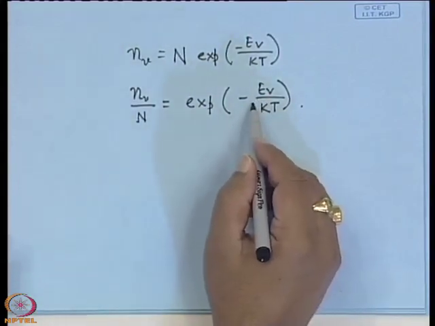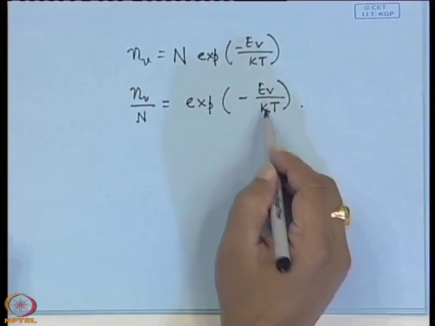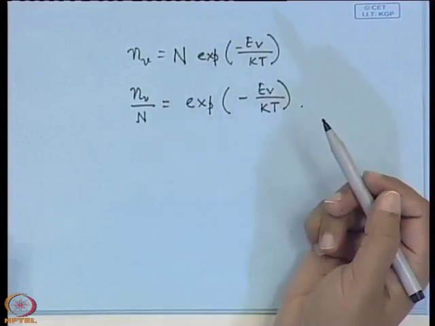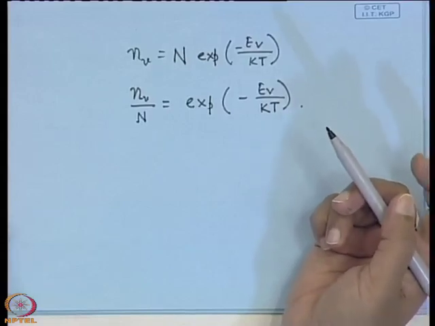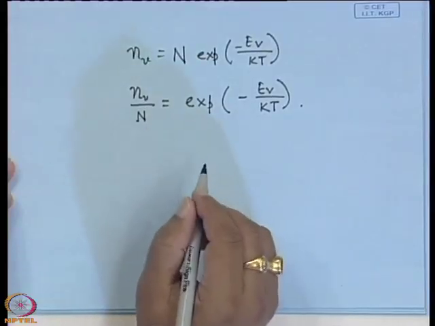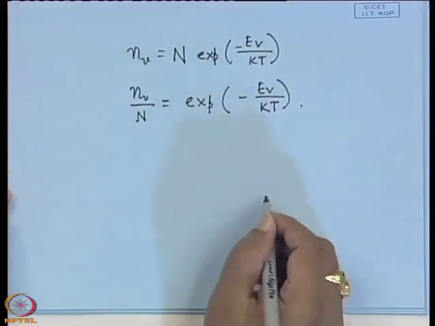E V is given. What is the value of E V? 0.7, and you know k. It is at 300 K. At 660 it will be different. You calculate the value of N V by N at two temperatures.